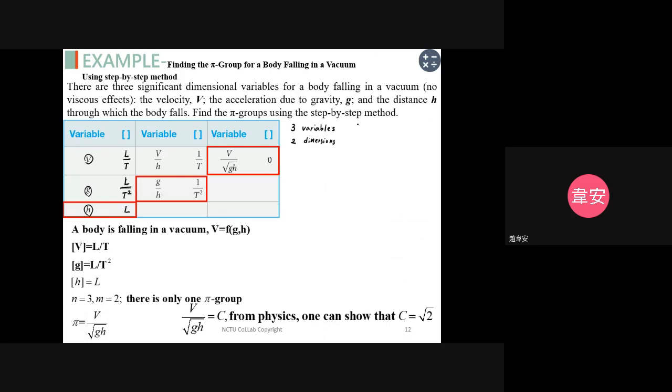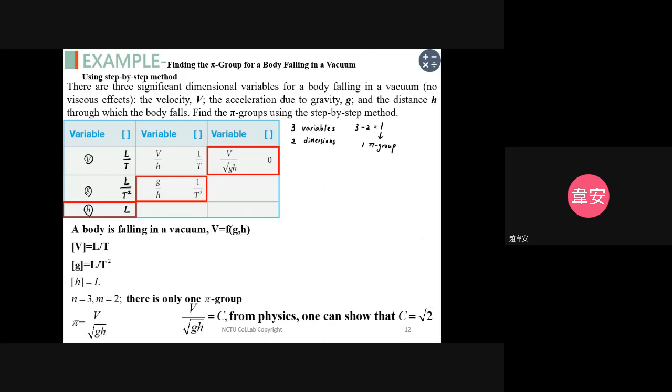So 3 minus 2 is 1, so we only have one pi group. After we list all of the dimensions for our physical variables, we use h to cancel out the L dimension for the other physical variables.